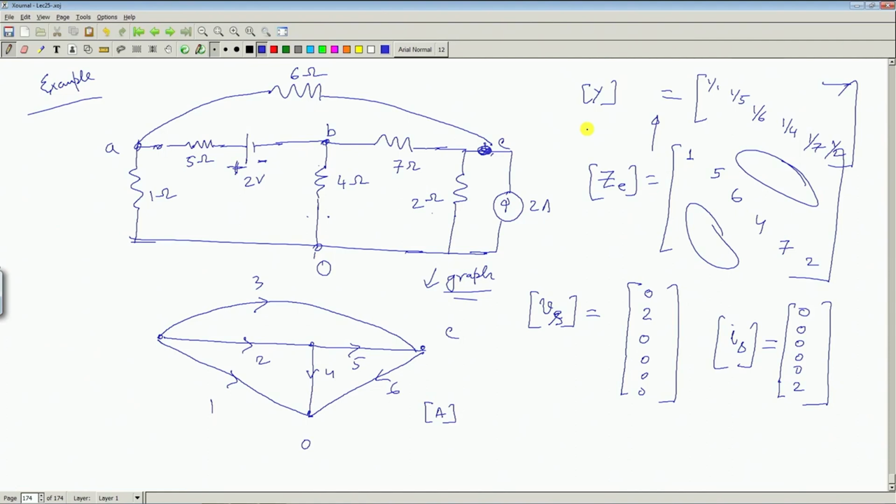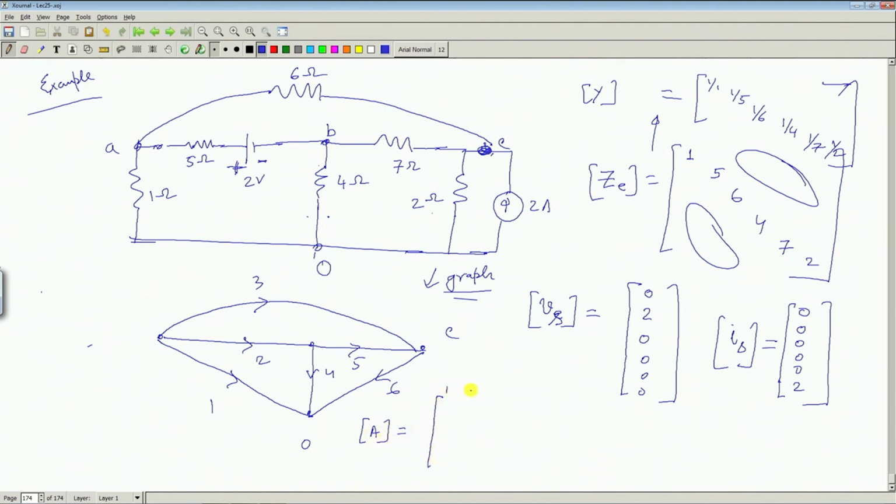Then the A matrix will be needed. A matrix is very simple. What? At each node, KCL. How many elements will participate in deciding KCL? 6 elements. So, here I will write it nicely. This will be the A matrix, for example, so that you get a feeling of this.